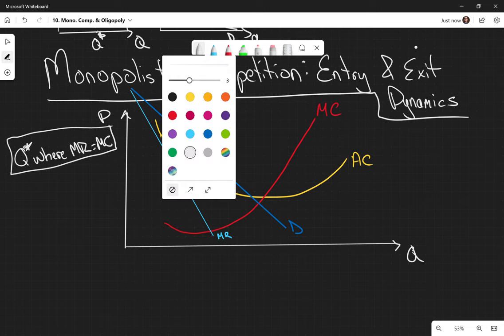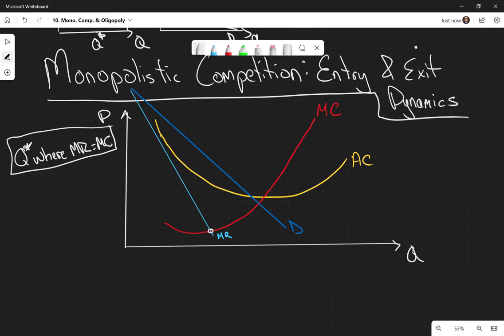So we're going to find where that is. X marks the spot. And we're going to drop an anchor to get our Q star. Then we're going to go up to the demand, because why not? That's how much we could charge, so that's how much we are going to charge.